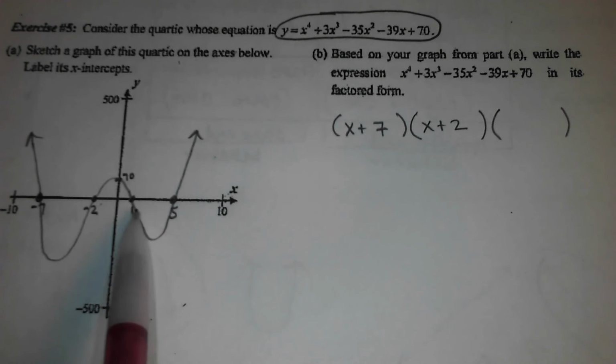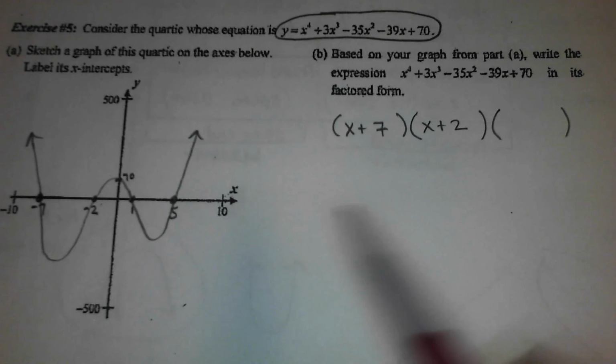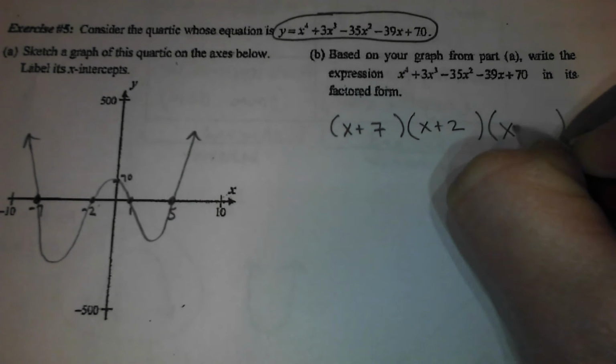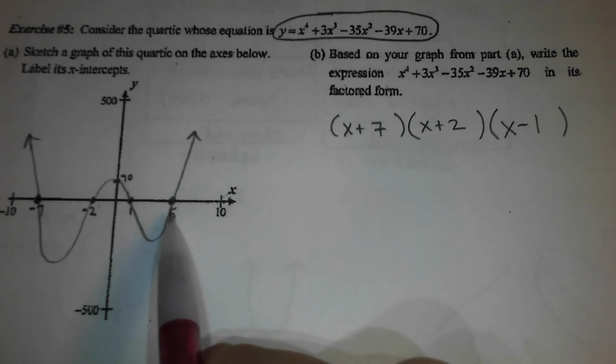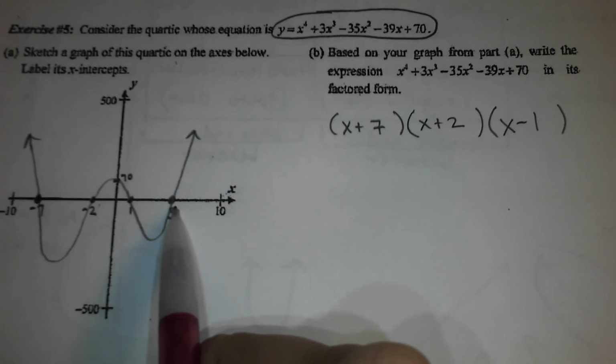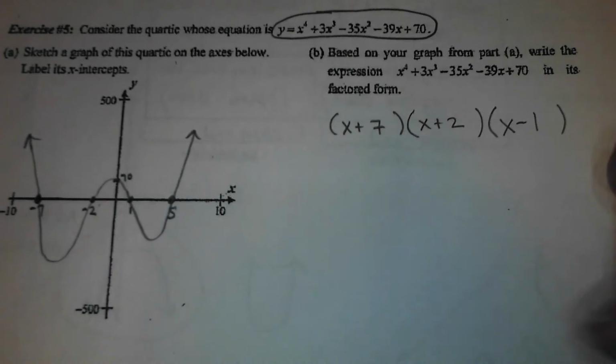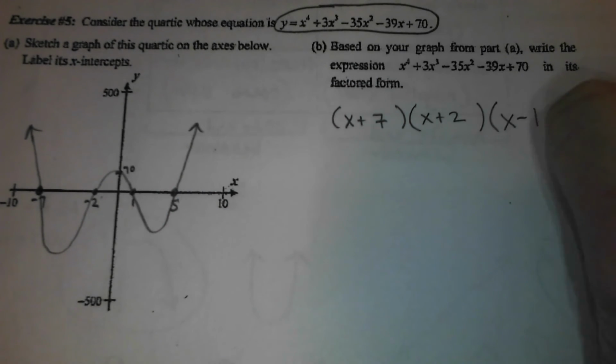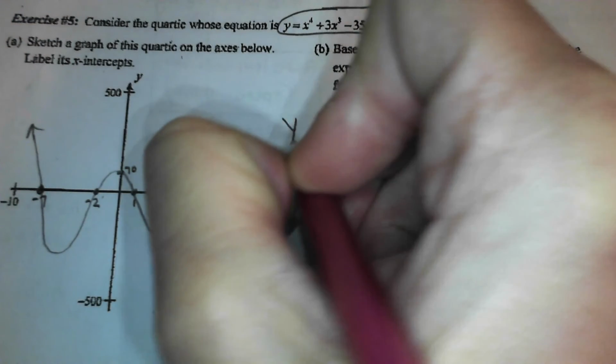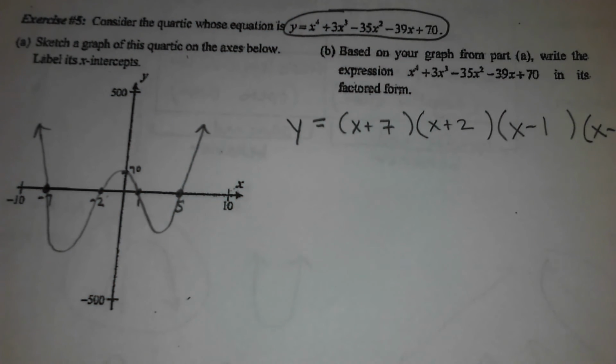Chris Brooks, what's the next factor that goes along with the root of 1? Good. And what's the factor that would go with 5? Georgia. X minus 5. Perfect. So there it is in factored form.